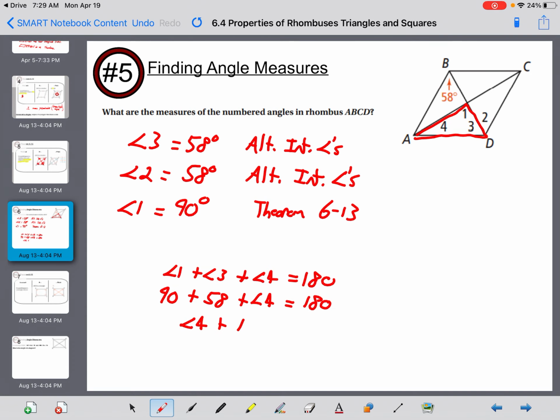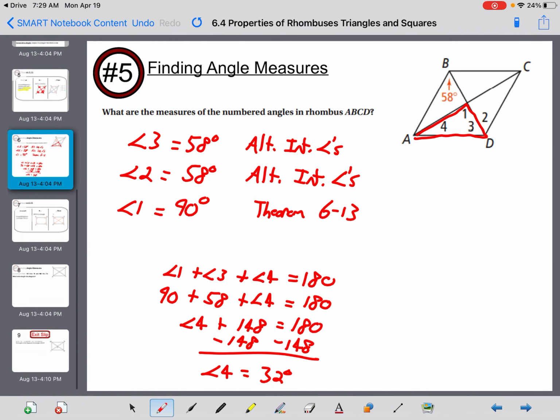So angle 4 plus 90 and 58 makes 148 degrees. Minus 148 on both sides. And angle 4 is equal to 180 minus 148, which is 32 degrees. All right, so now you've solved for all four of the missing angles in the given rhombus.